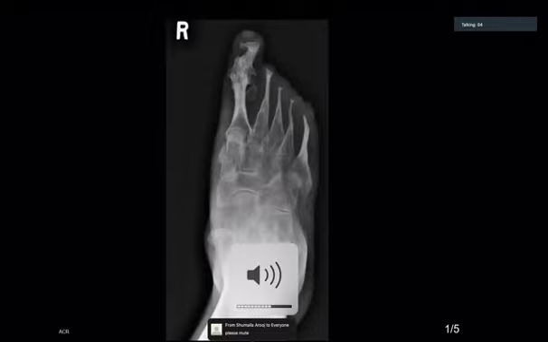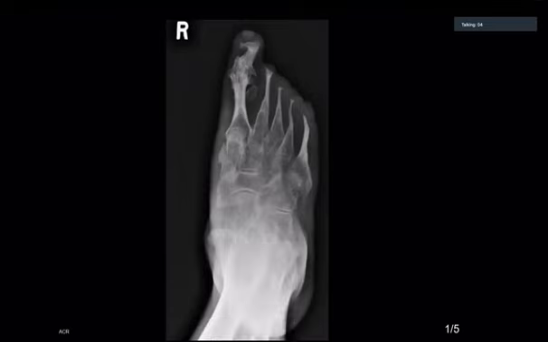There is also destruction at the great toe with loss of the terminal part of the distal phalanx and bony deformity at the first metatarsophalangeal joint.